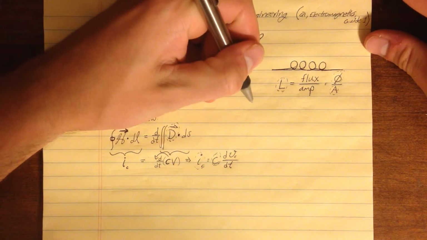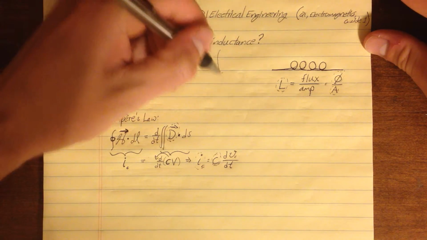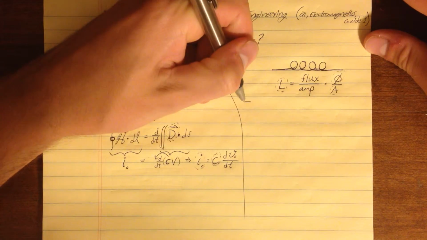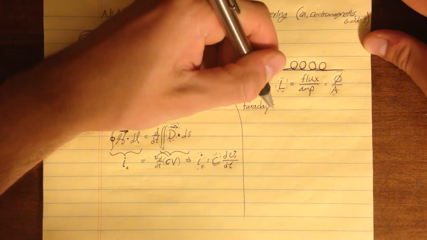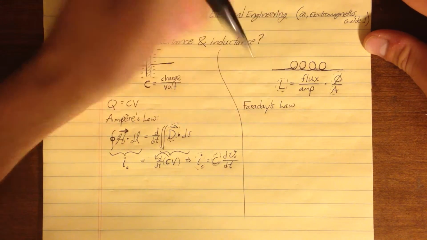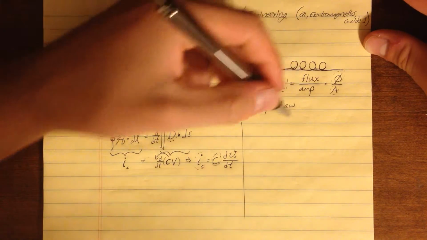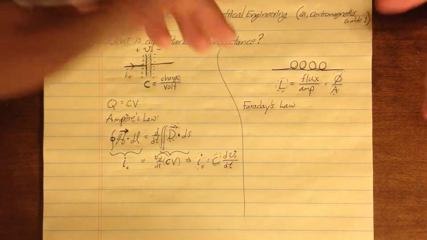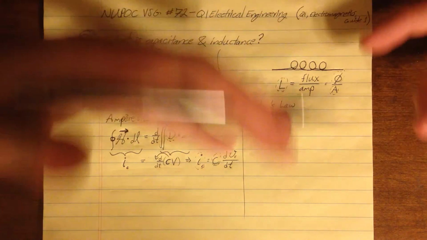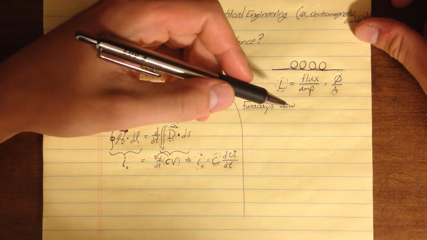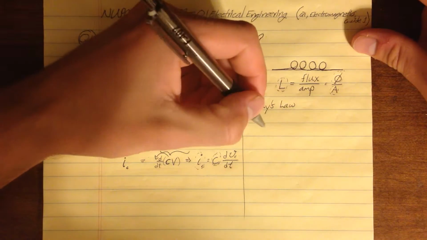I'm going to draw a line down the middle here. We can take a look at Faraday's law, and see how this gives one of the fundamental equations of the inductor, and how that shows us that the inductor resists change in current.